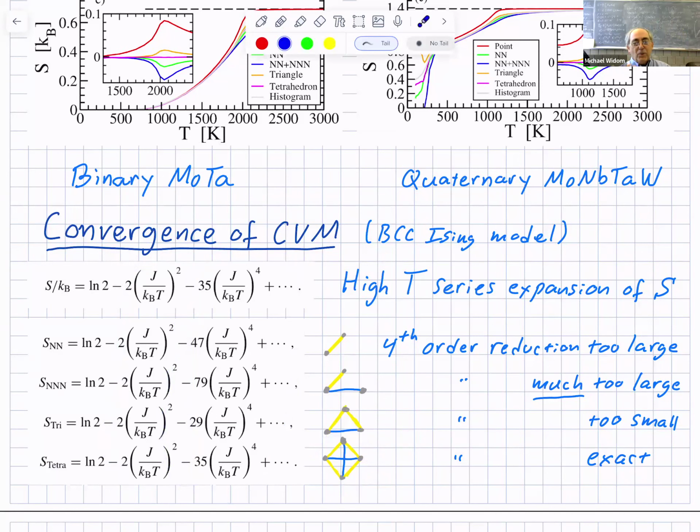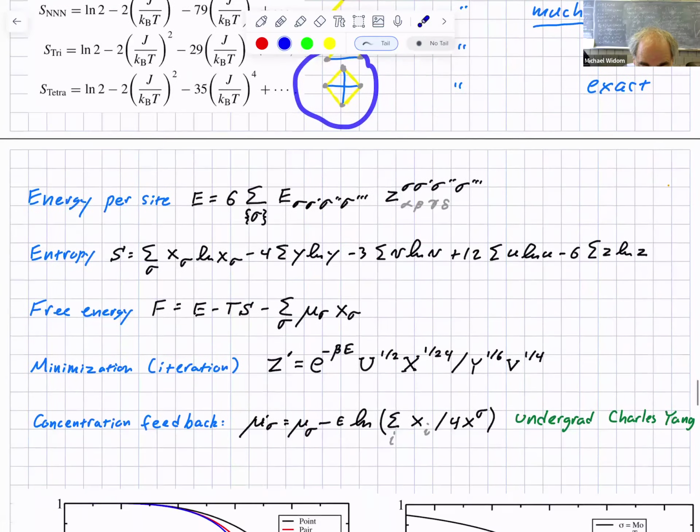Now, there were some choices we could have made about the 4 sites. Like, instead of taking this tetrahedron, we could have taken this triangle, and then we could have added a 3rd neighbor. That would have been a bad idea. Right. So there is a notion that we should always use the most compact cluster.